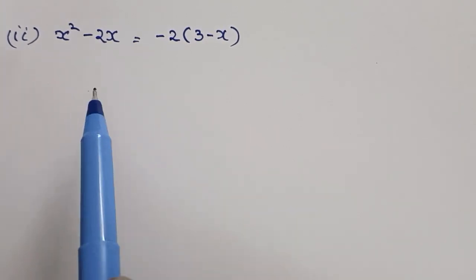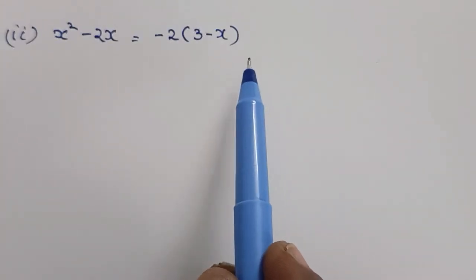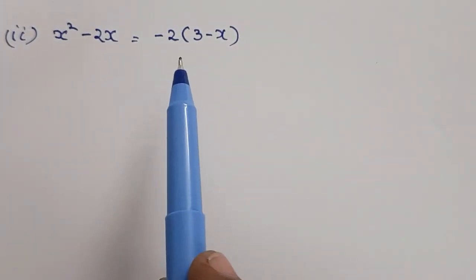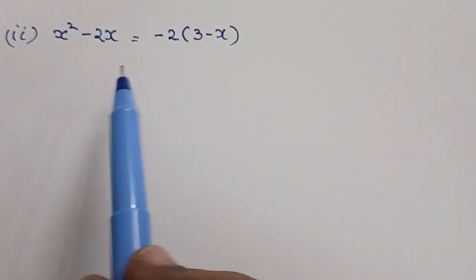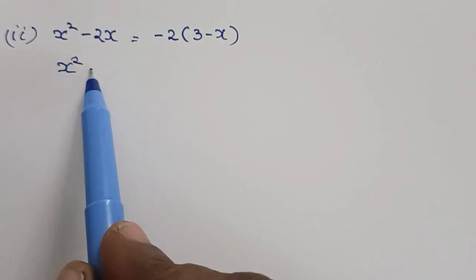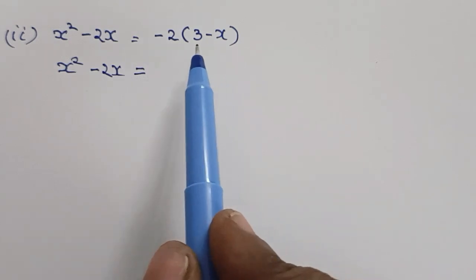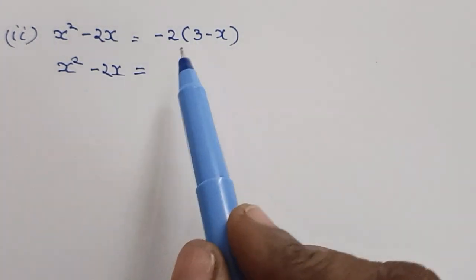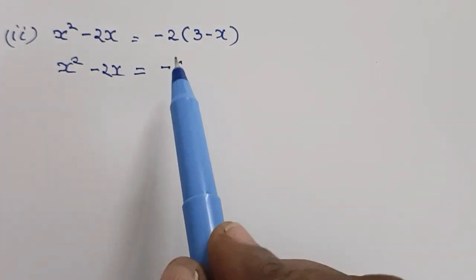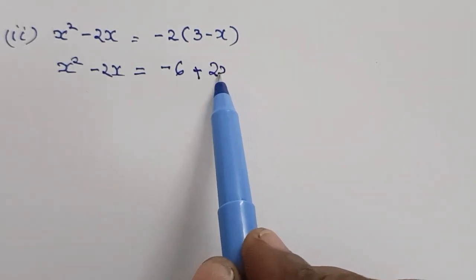Second question, x² − 2x = −2(3 − x). First we have to collect the like terms and form an equation. For that, first x², only one term is there, −2x, it is the same in LHS, equal to, in RHS we have to open the bracket. Minus 2 into 3 is minus 6, minus into minus will become plus, 2 into x equals 2x.